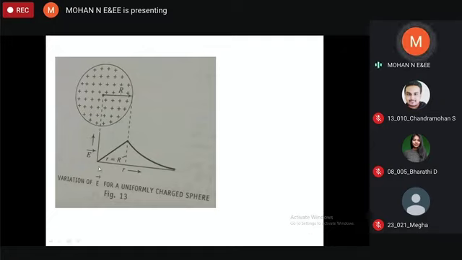At r equal to R, the field intensity decreases as it progresses outside the sphere. The field intensity is linearly increasing from r equal to 0 to r equal to R, and it reaches the maximum value at the point on the sphere and decreases from there onwards.